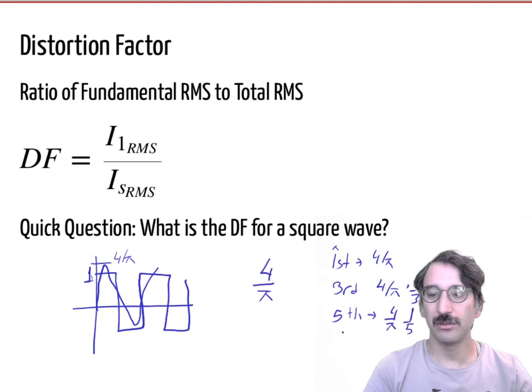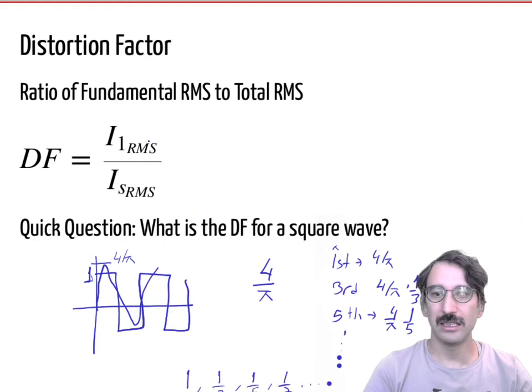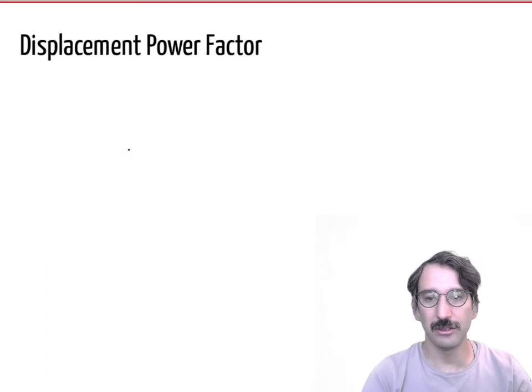So it only has the odd harmonics, and it goes like that: 1 for the first harmonic, 1 over 3 for the third, 1 over 5, 1 over 7, and so on. I am leaving it to you to calculate that value.